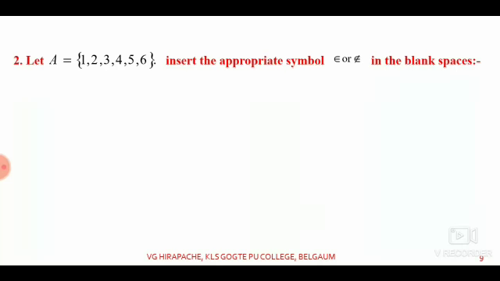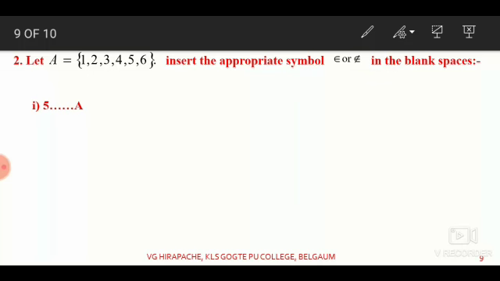Let A be a set containing the elements 1, 2, 3, 4, 5 and 6. We have to insert the appropriate symbol. These symbols will be read as belongs or not belongs. In the blank spaces, we have the following questions. We have to check whether the given element is a member of the given set or not.